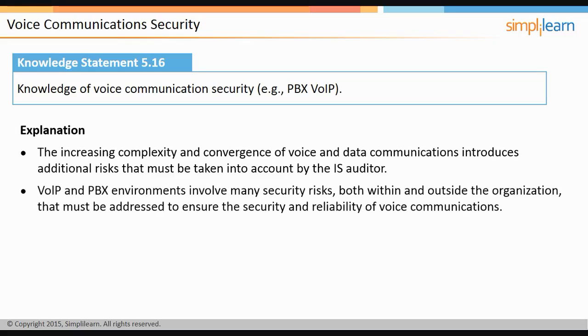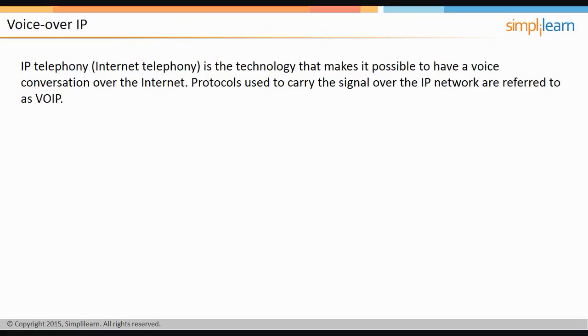VoIP and PBX environments involve many security risks, both within and outside the organization, that must be addressed to ensure the security and reliability of voice communications. Main areas to be covered here are Voice over IP and private branch exchange. In the next slide, we will discuss VoIP.